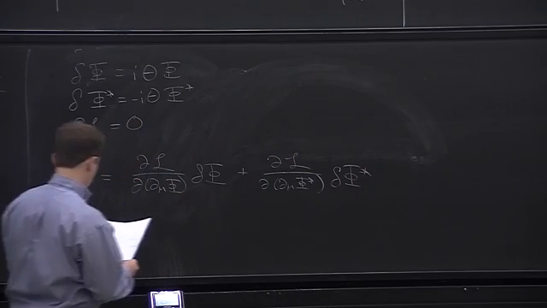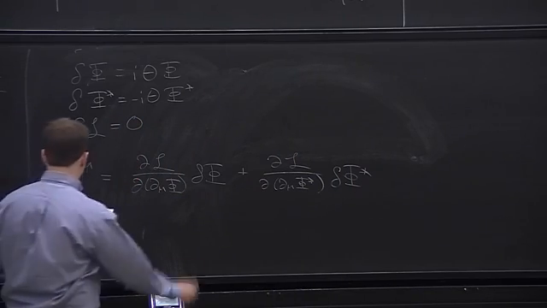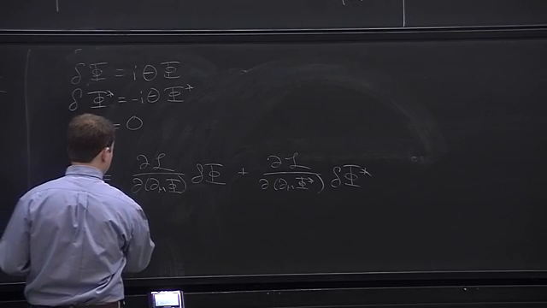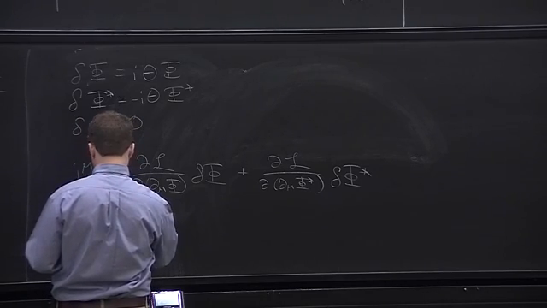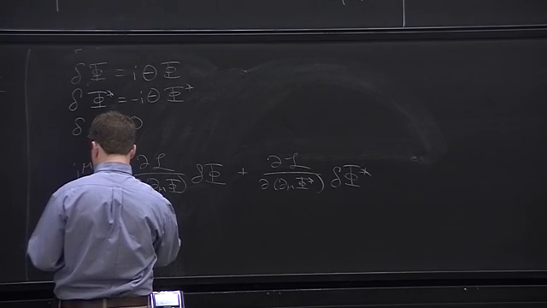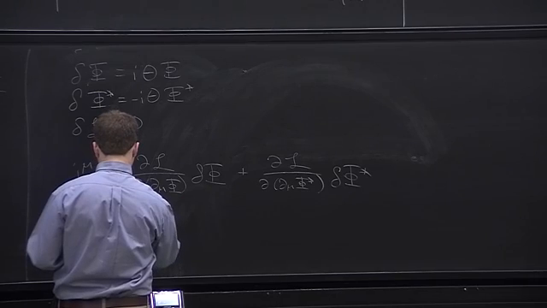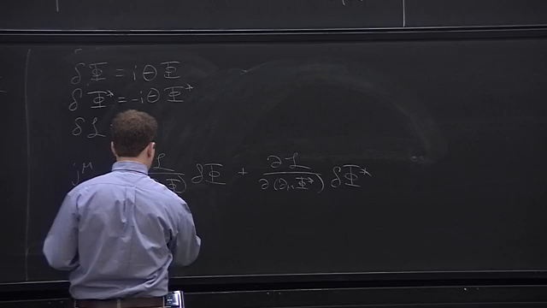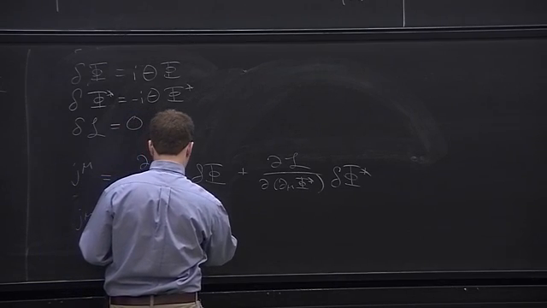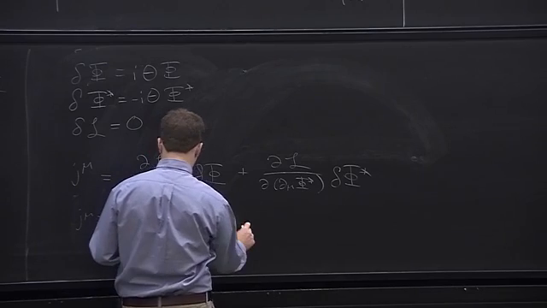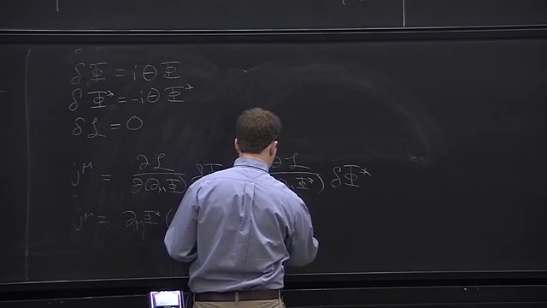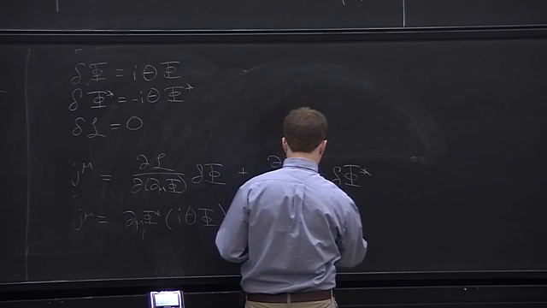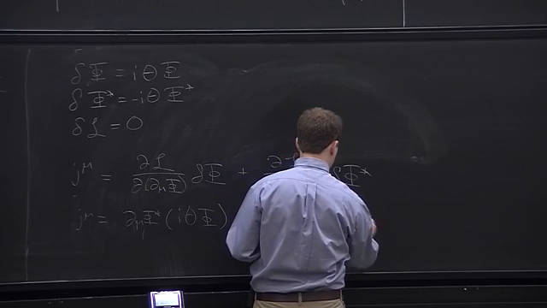And so now we can just plug in our results, and we get J mu is this derivative. We get d mu phi star, and here we get i theta phi, and over here this gives us a minus or plus d mu phi, then times minus i theta phi star.